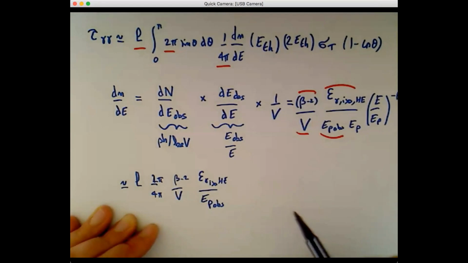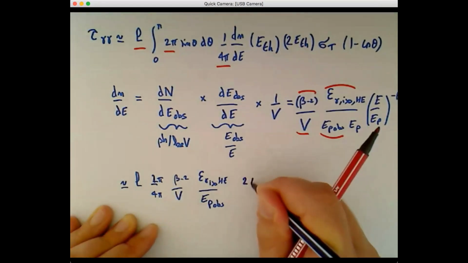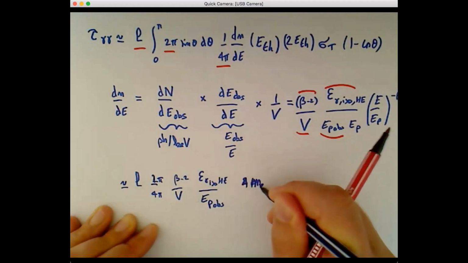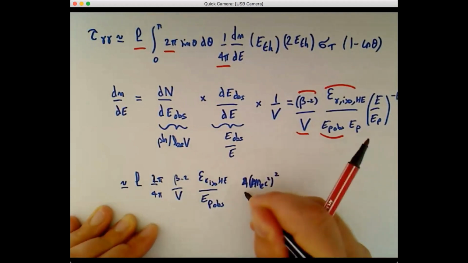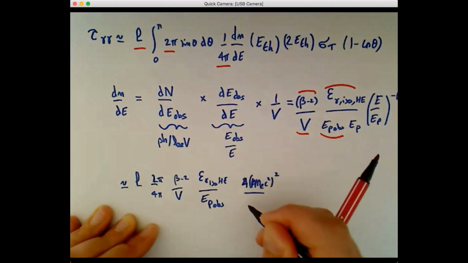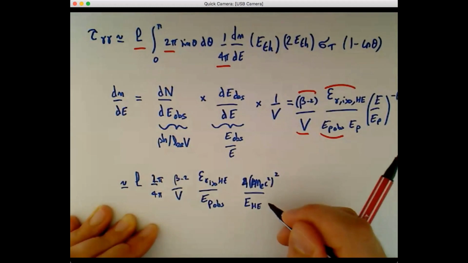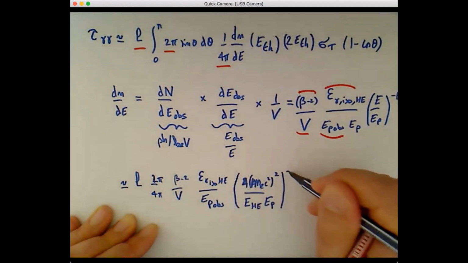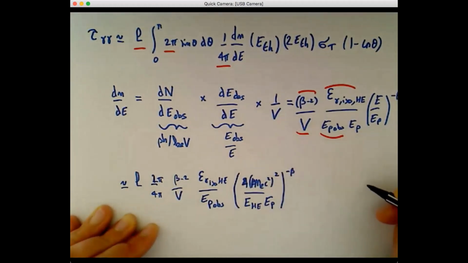I have to replace E by twice the threshold, which is 4 MEC squared divided by my high energy photon, and here I divide by peak minus beta, and I should not forget that I have a 1 minus cos theta, which was here to the power beta.